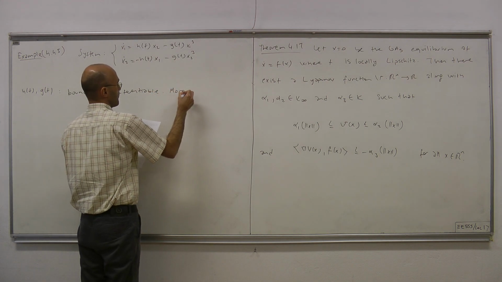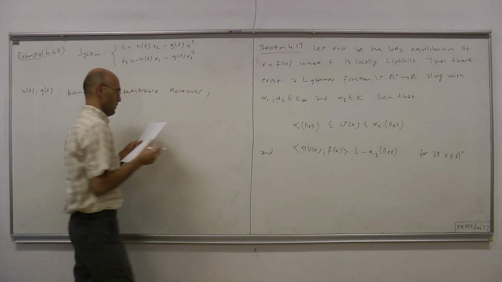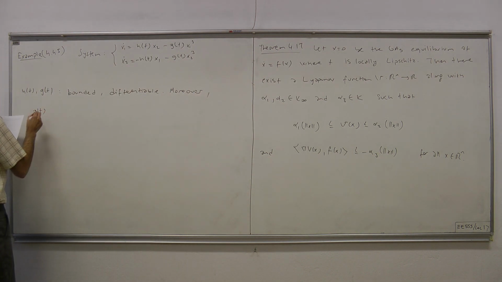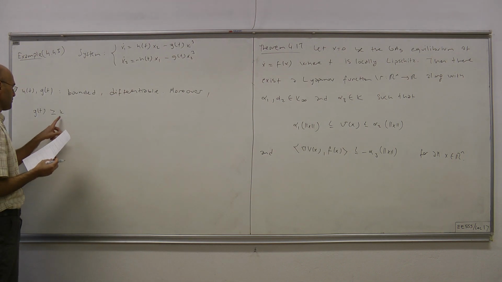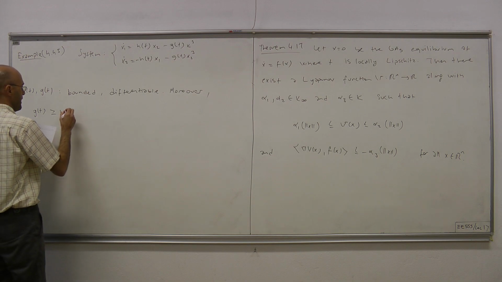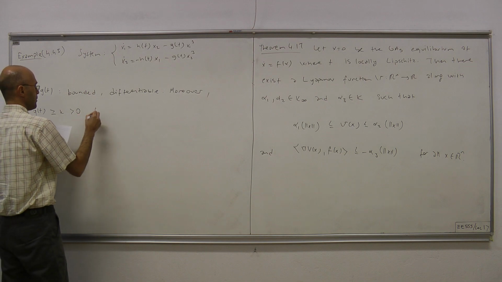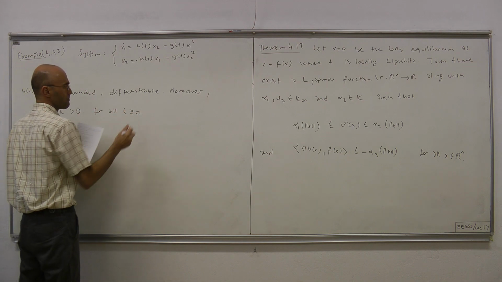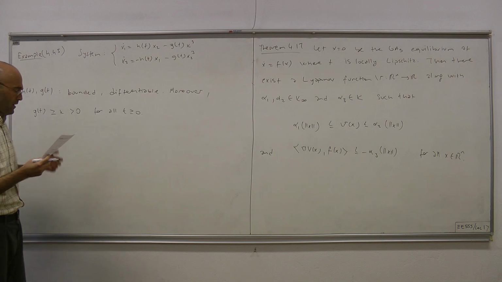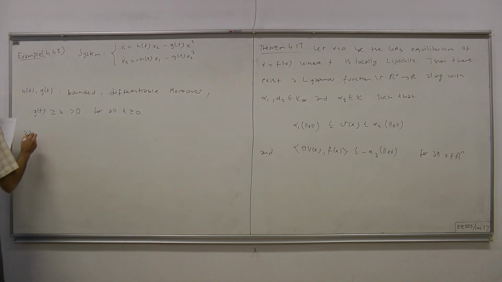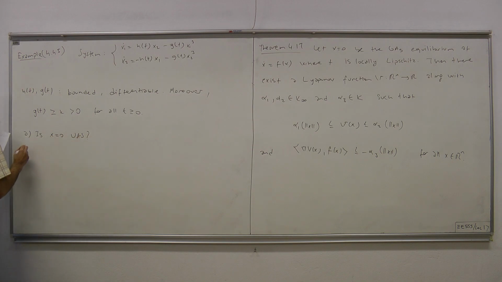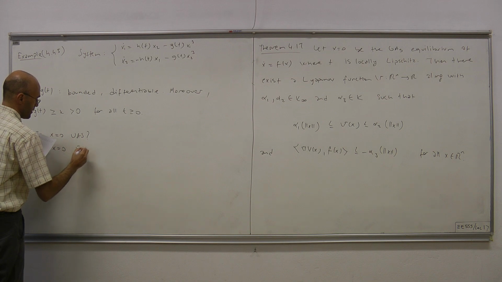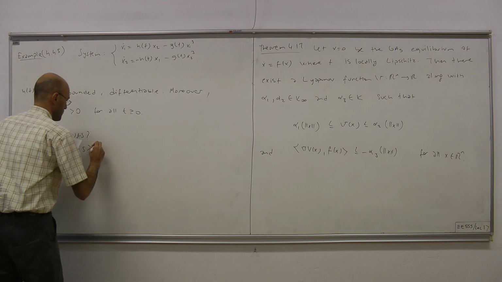Moreover, g of t is never less than some positive constant k, for all times. Okay. Now for this system, you ask the following questions: A, is the origin uniformly asymptotically stable? B, is the origin exponentially stable?